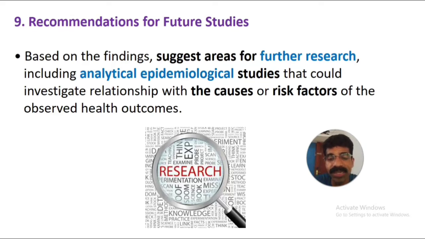Now in descriptive study, we only describe what is the problem. We don't analyze the relationship between the etiology or cause and the disease. In analytical study, we identify the relationship or association between the cause, etiological factors and the disease. Why this disease is more common in that particular people. So recommendation for the further studies or future studies.